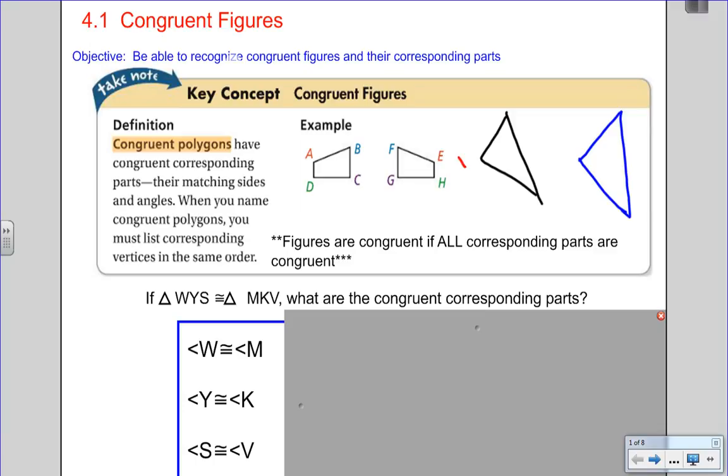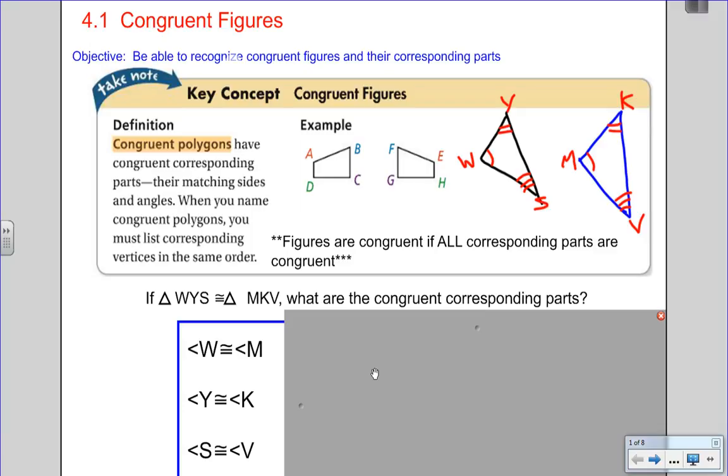So we have W, Y, S. Now order matters, so I need to start in the same spot and go M, K, V. They have to be the exact same. So now we can see that angle W and angle M appear to be congruent. Angle Y and angle K appear to be congruent, and then S and V as well. So we have an angle, angle, angle similarity going on, which you'll learn later on.